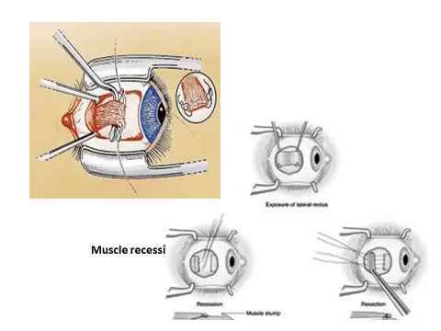When we make the new insertion closer to the origin of the muscle, this will make the muscle less powerful. Either we make a sling, as you can see in the bottom right, or we suture the muscle in its new position to the sclera. This is recession.